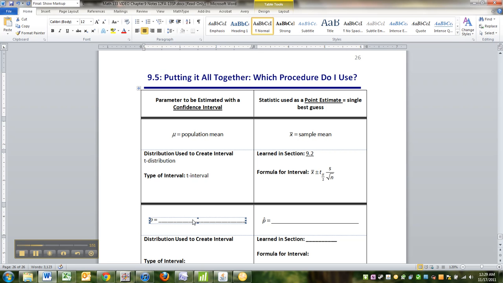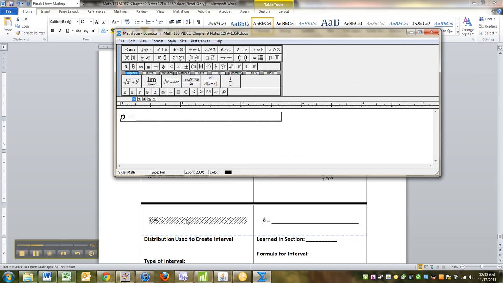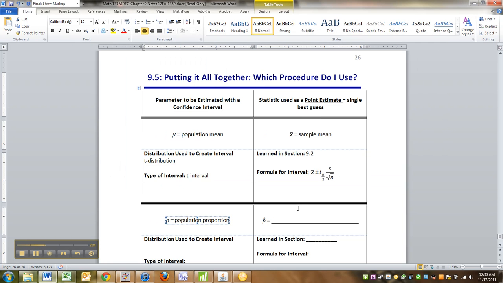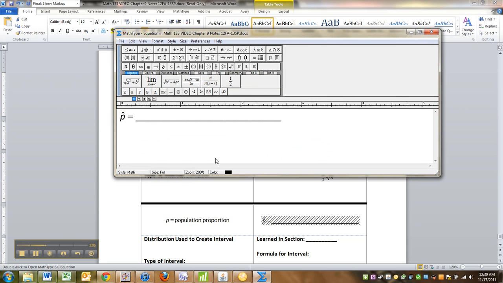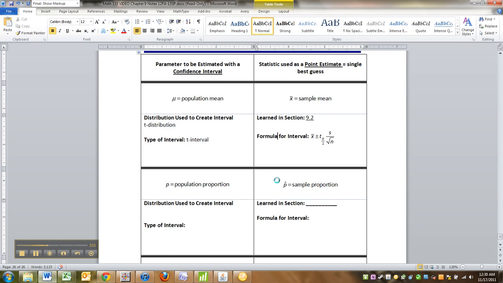Now what about p? p is the population proportion, right? Your single best guess for a population proportion is a sample proportion, p hat, which is equal to x over n.